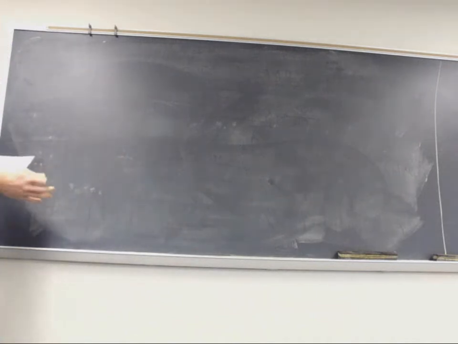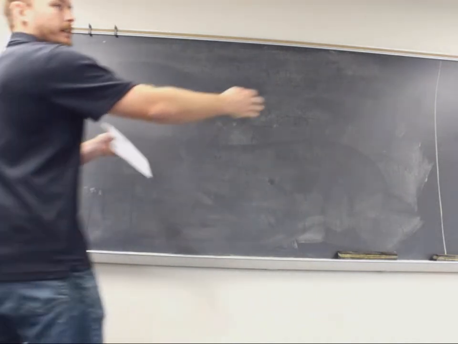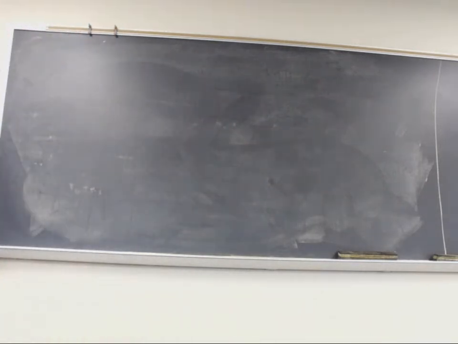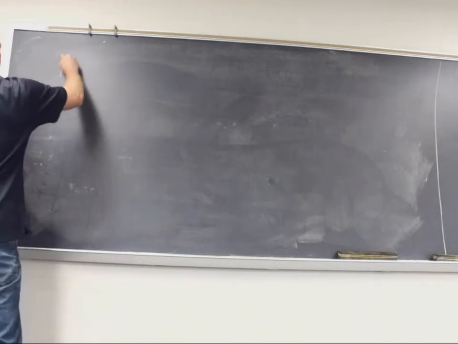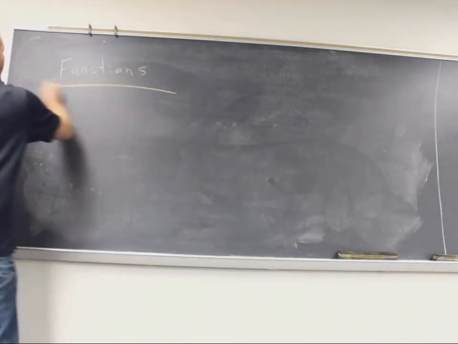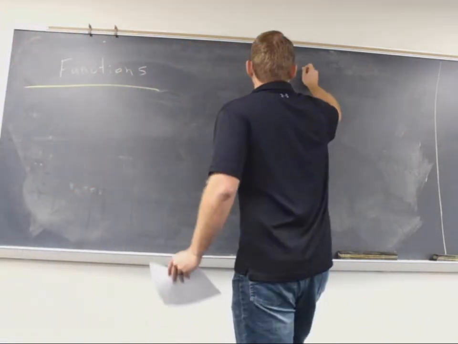So give yourself some room here. I'm going to do functions on this side and non-functions on this side. So just be able to write two separate tables next to each other. That will be helpful. So let's call these the functions. And then over here, I'm going to say not functions.